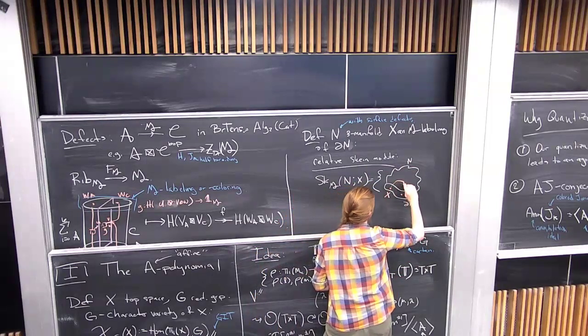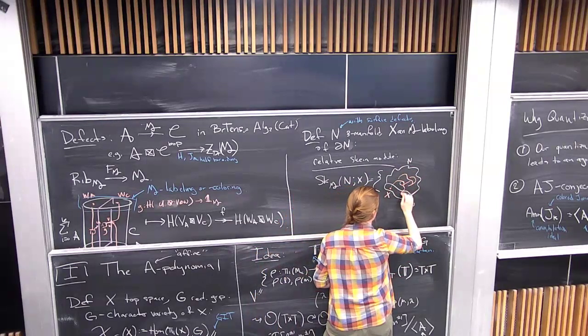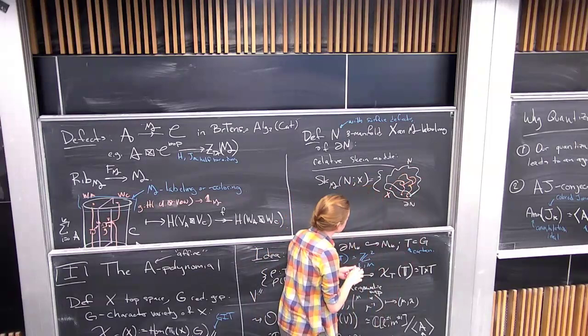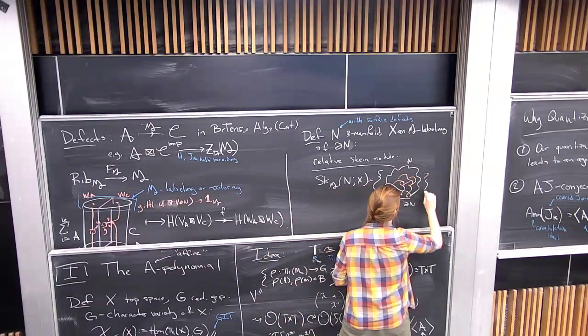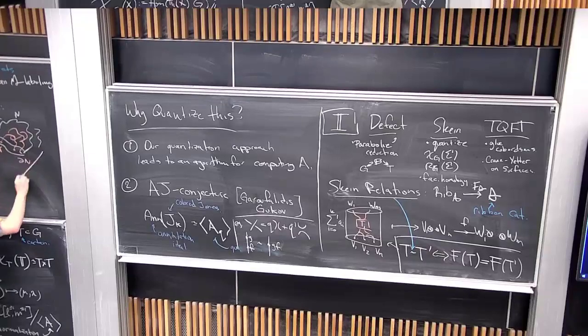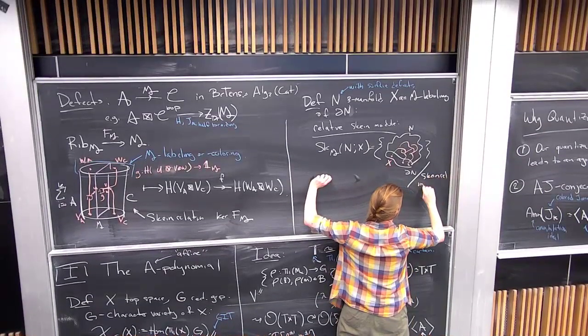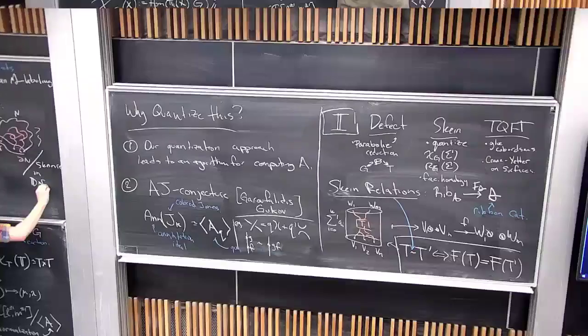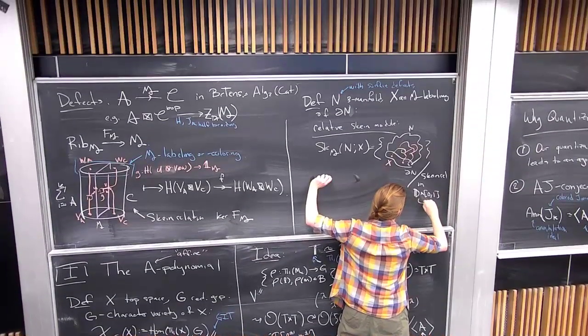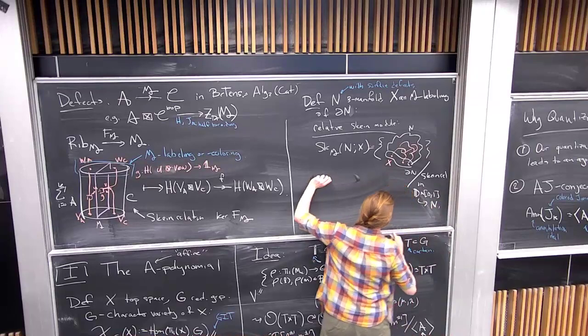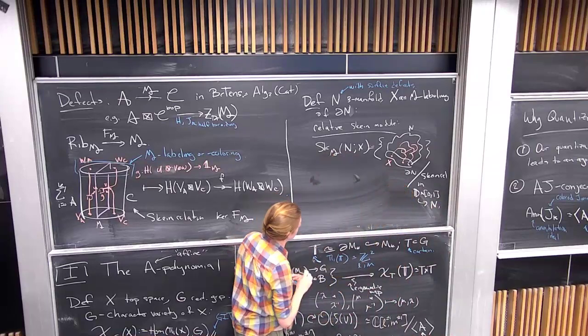It's going to be the span of all my skeins in here, and then it's going to be up to skein relations, any time I can embed a disk into here.